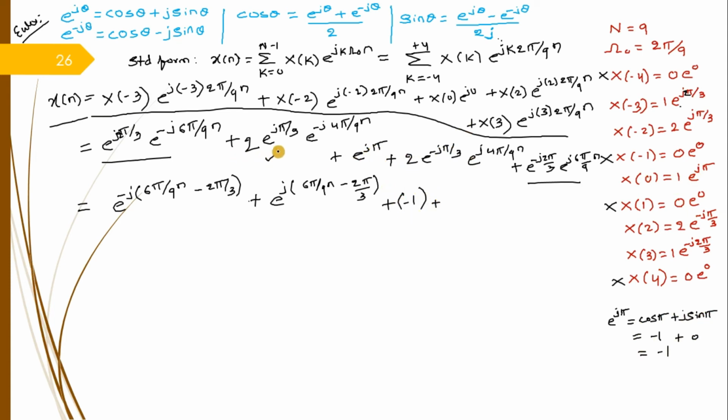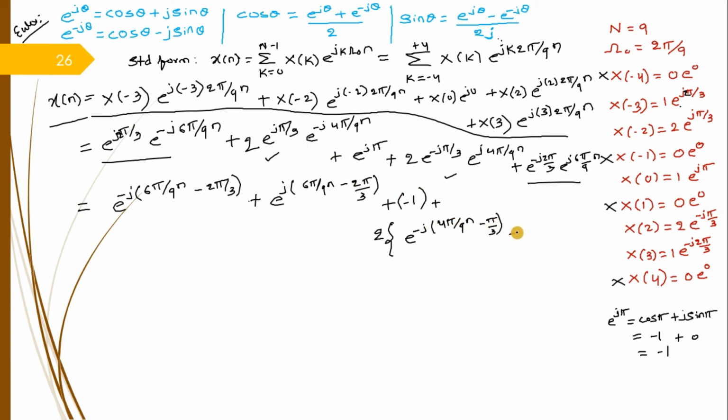So these two terms I'll write together. So carefully, these two terms, 2 is common. I write it here. 2 is common. First this one, e raised to minus j, I take common. What do I get? 4 pi by 9 n, this becomes minus pi by 3.